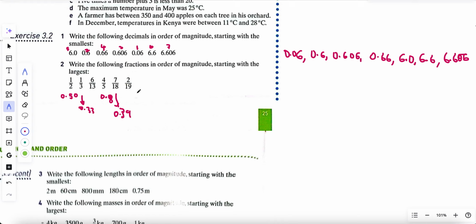What of 2 over 19? We get 0.105, which is 0.11, approximating to 2 decimal places. What about 6 over 13? We get 0.46, approximately to 2 decimal places.